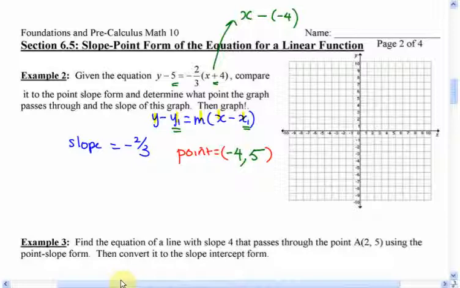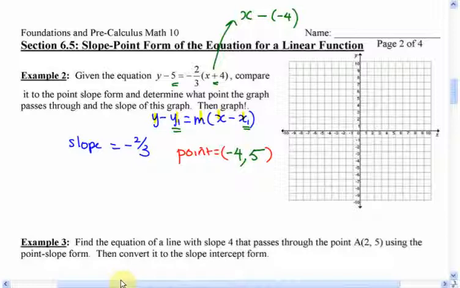Because there's the minus sign in that formula, what I want you to understand is that your point is always opposite of whatever signs you see. So if you see minus 5 over here, the opposite should be positive 5. If you see plus 4, the opposite should be minus 4.